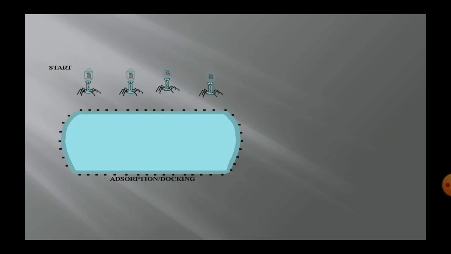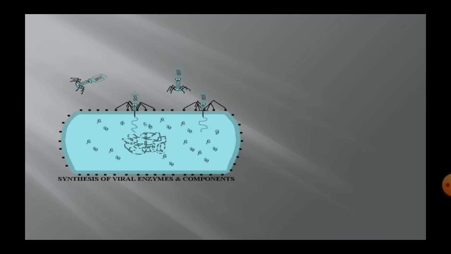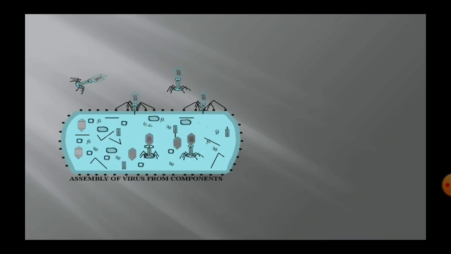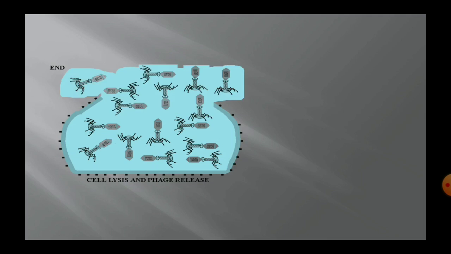The foreign DNA gets incorporated into the host cell DNA and starts multiplying. After multiplication, a large number of viral particles are produced in the host cell, that is the E. coli cell, and those viral particles rupture the host cell and come out to infect other cells.